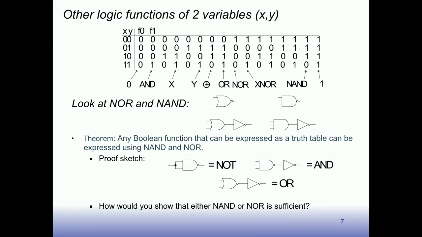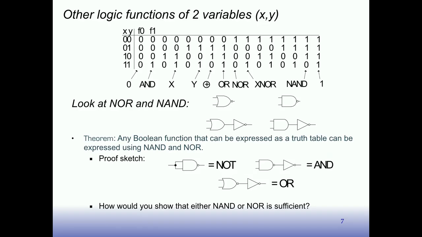Here, NAND is just AND with an inverted output. So there's a theorem which you could prove that any Boolean function that can be expressed as a truth table can be expressed using NAND and NOR. So this says if we want to implement logic circuits, we don't really need ANDs and ORs and NOTs as long as we have NANDs and NORs.